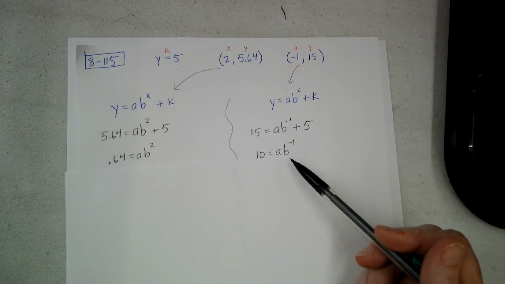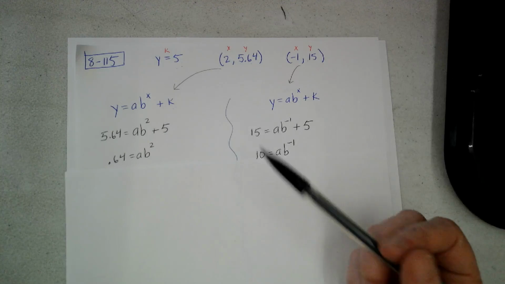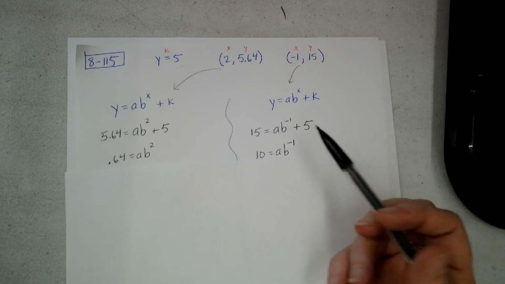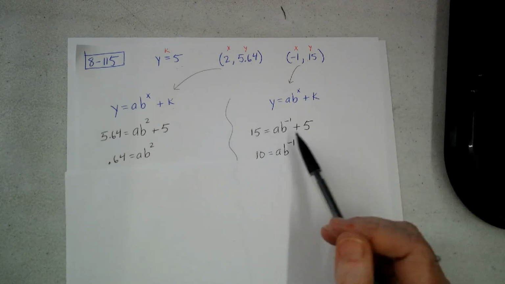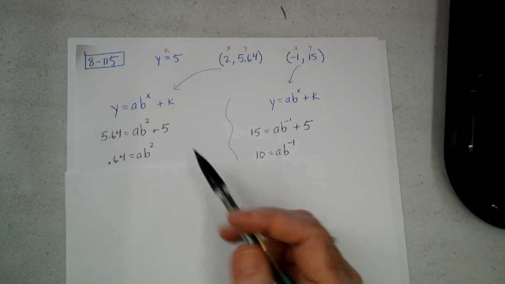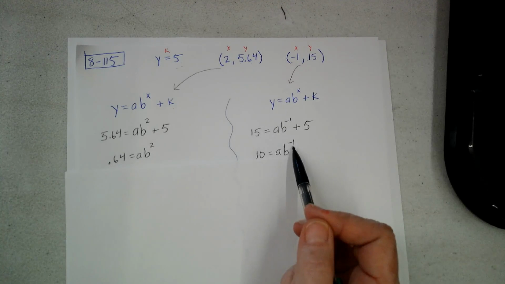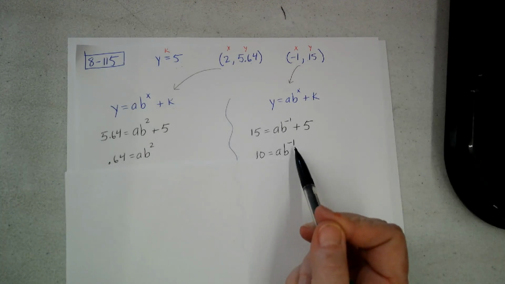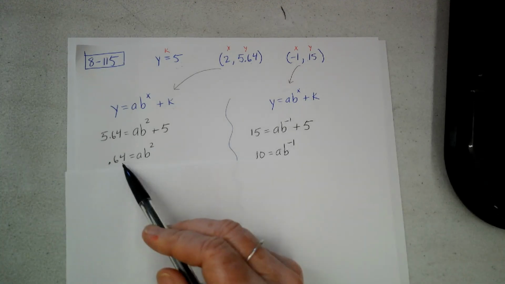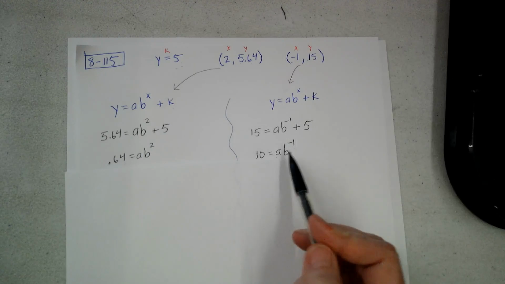I don't know if you knew this, but I'm allowed to divide one of these equations by the other equation. And usually the way I pick which one to divide by which is I look at these exponents. I don't really want there to be a negative exponent, so I'm going to divide the left-hand equation by the right-hand equation.